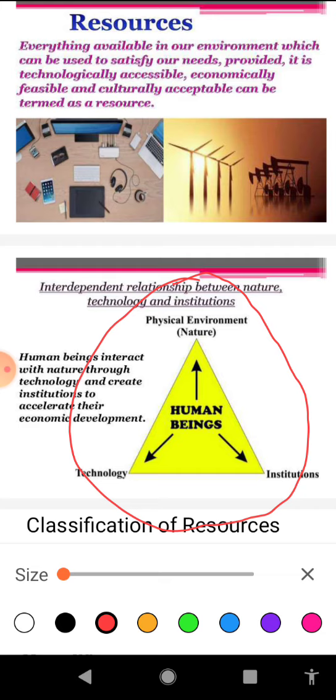We human beings interact with nature through technology. If we want to utilize iron ore, we require technology to mine, and after mining, we also require to convert it into useful items. For that, we set up industry or institution. So this diagram is showing you the interdependent relationship between nature, technology, and the institution.